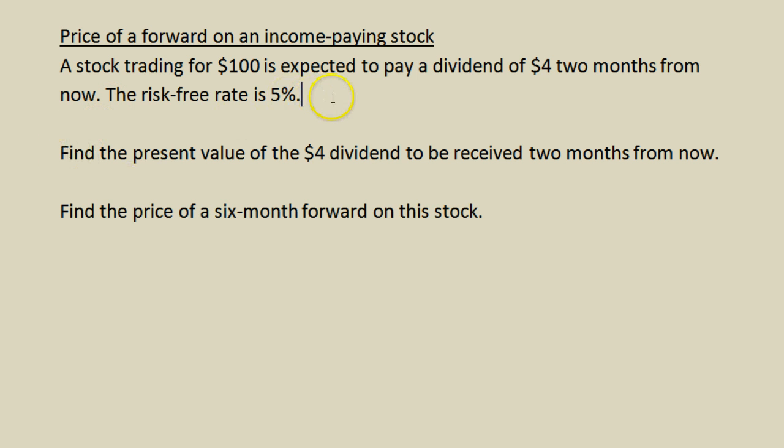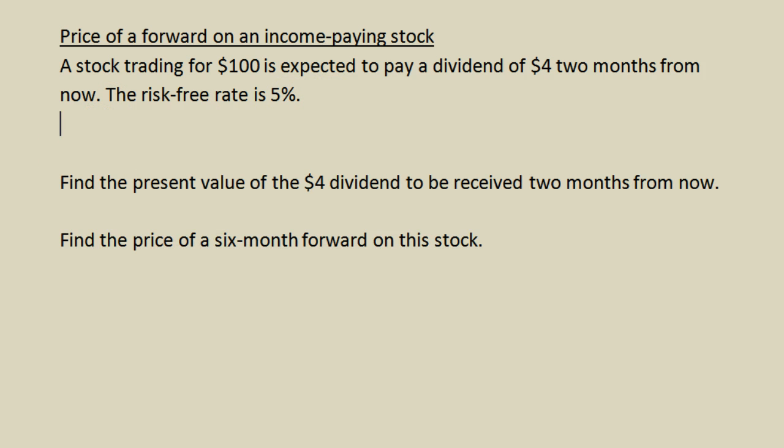We do have a formula which you will see in the book, which tells us that the forward price of this stock is going to be equal to the spot price, or the stock price now, minus any income that we receive from it, and then multiplied by e raised to the rT.